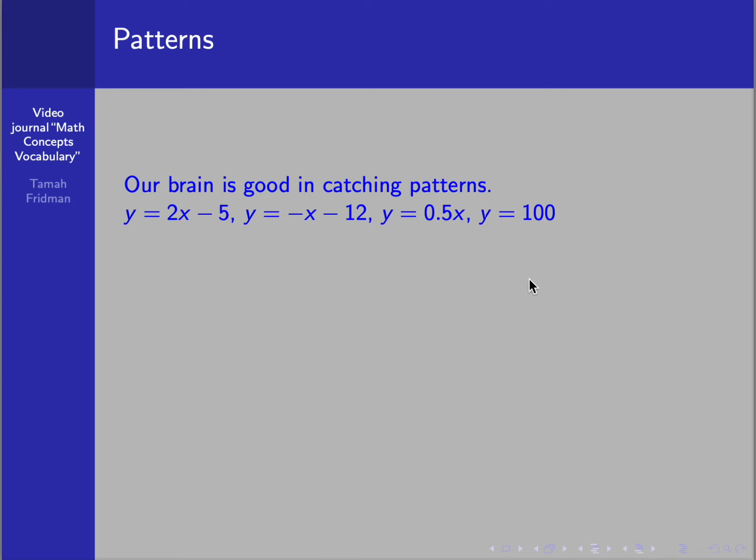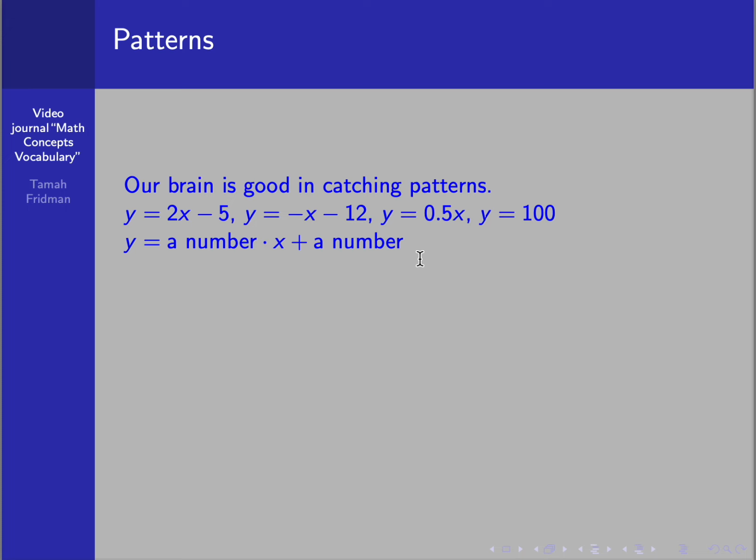So how would we write down a pattern that corresponds to an equation of a line on the xy plane? Something like this: y is equal to a number times x plus a number. Well, it looks good, but it may be confusing.